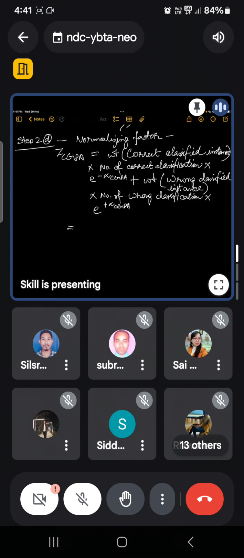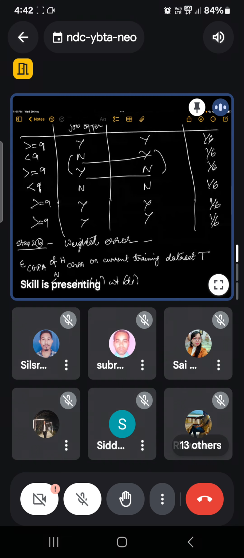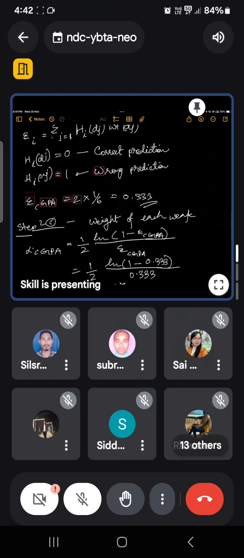So we will put all the values in this formula. We have seen that the wrong instances are these two, and the other 4 are correct instances.